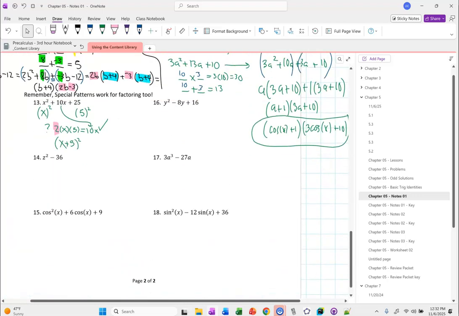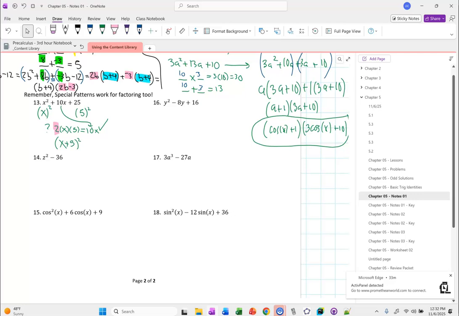This is a quick in-my-head check to see if I can get away with going straight to the answer versus having to factor. Where this is really valuable is where you have a coefficient that's not 1. It can be a real time saver. If you have like 4x squared minus something plus 64, there are so many factors of 4 times 64, which is 256.